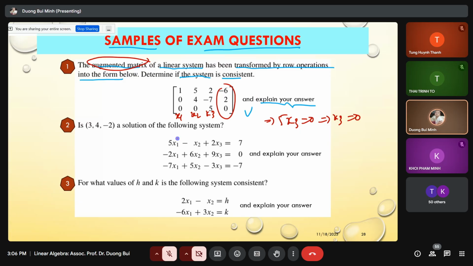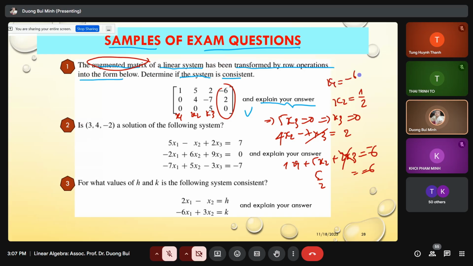So you get 4x2 minus 7x3 is 2, and x3 is 0, so you get x2 is 2 over 4, which is a half. And then 1x1 plus 5x2 plus 2x3 is minus 6, x3 is 0, and 5 over 2 plus x1 equals minus 6. So x1 is minus 6 minus 5 over 2, you get minus 17 over 2.